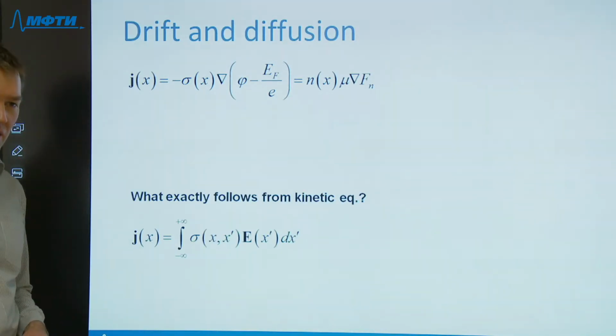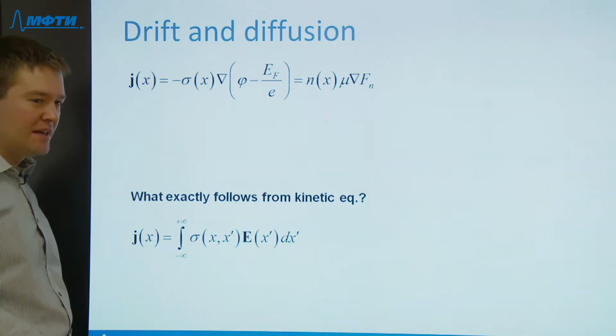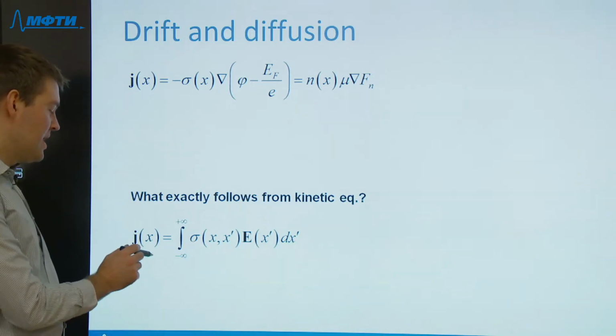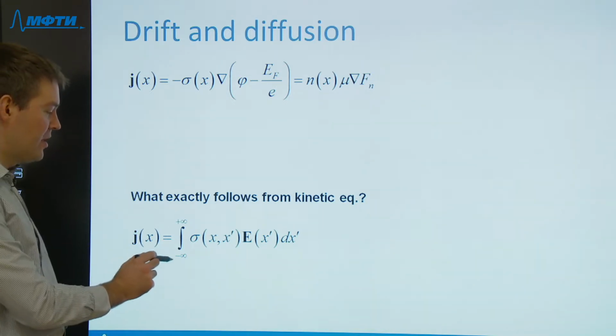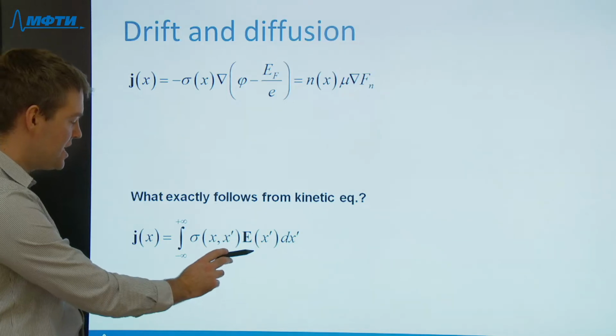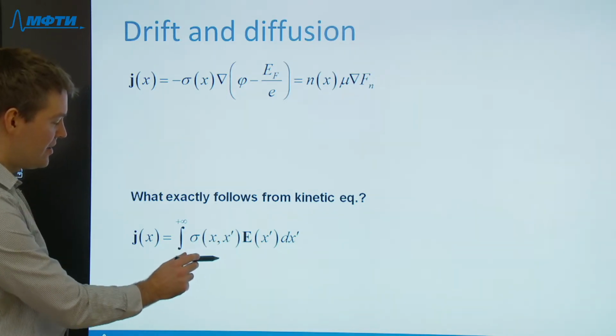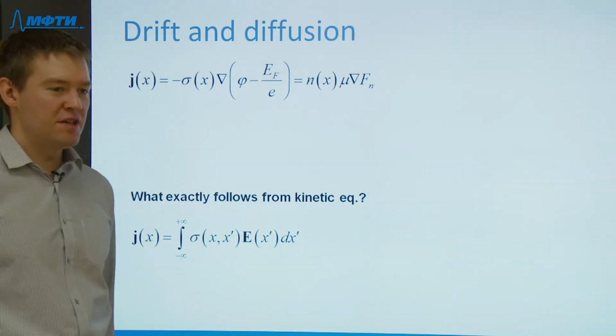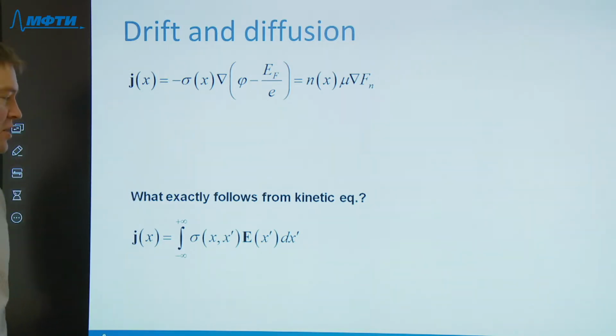The real relation between current and electric field in semiconductors is non-local. It means that the current at a given point is the convolution of electric fields at some different points multiplied by some convolving conductivity kernel. The conductivity kernel depends on two arguments.